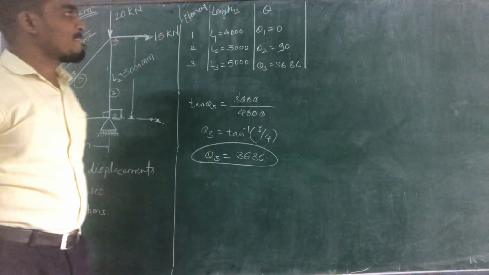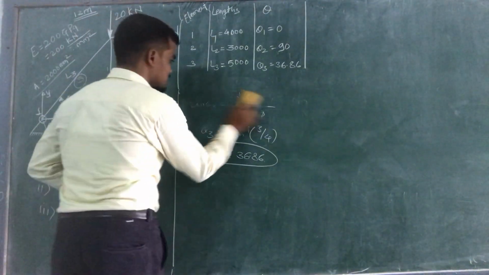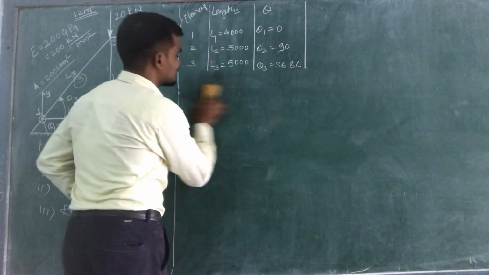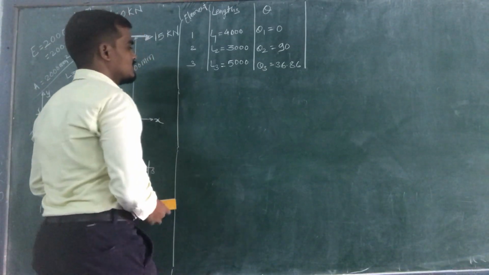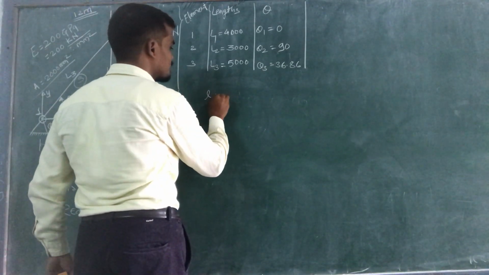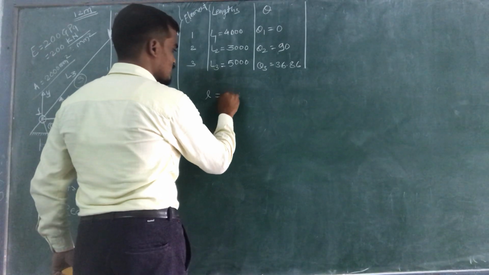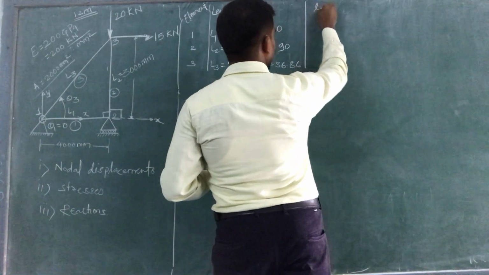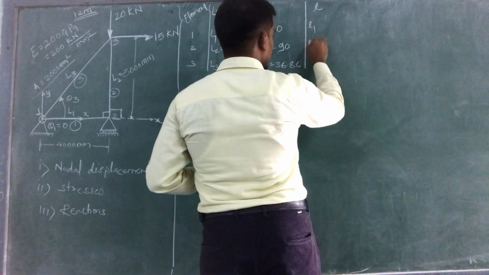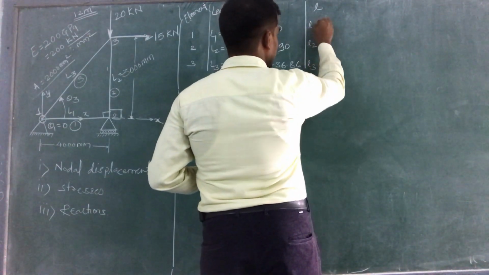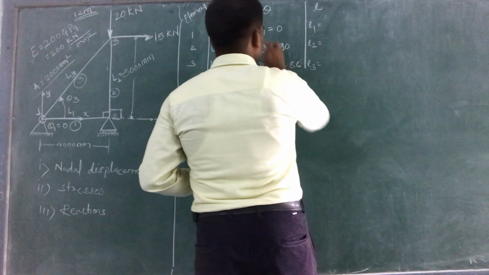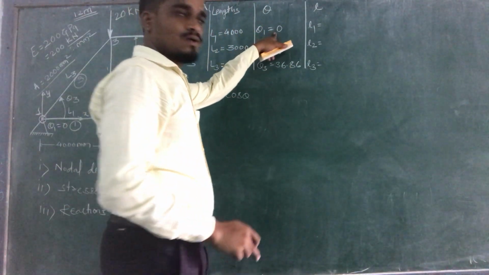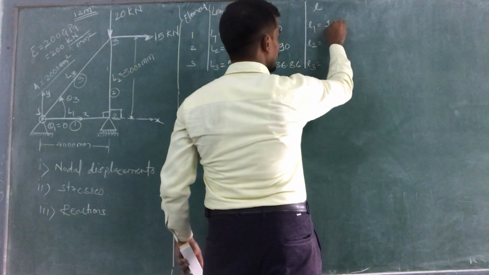Next is what? Small l values for each element and small m values for each element. So l is nothing but cos theta. So find out l values. This becomes l1, l2, l3. So cos 0 is nothing but 1.